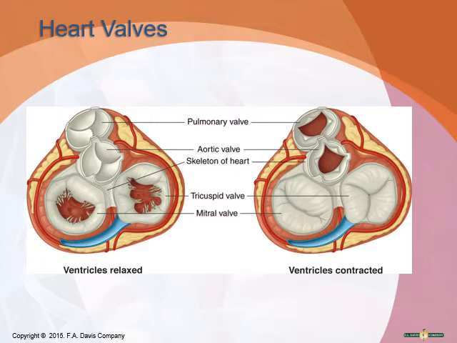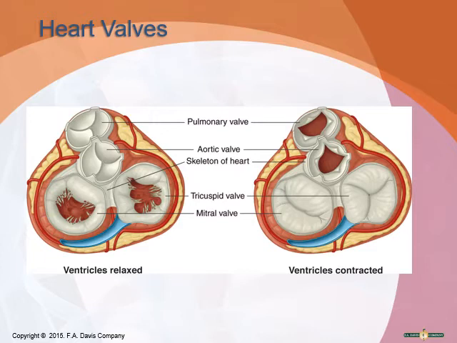Which valves might be closed here? The correct answer is the pulmonary and aortic valves will be closed. These 2 valves can be categorized together and referenced as the semilunar valves.